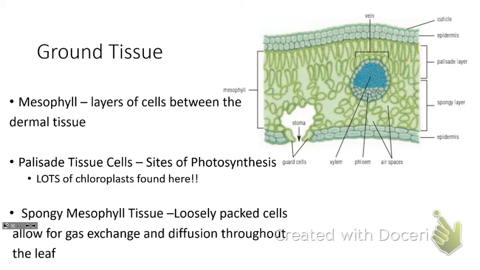Next we have the spongy mesophyll tissue. This is the bottom half of the leaf, underneath, right in here. That is our spongy mesophyll tissue, or the spongy layer. These are loosely packed cells which allow for gas exchange and diffusion throughout the leaf.